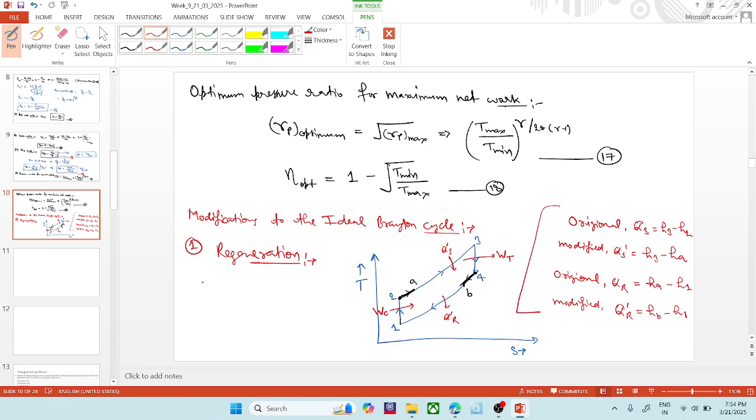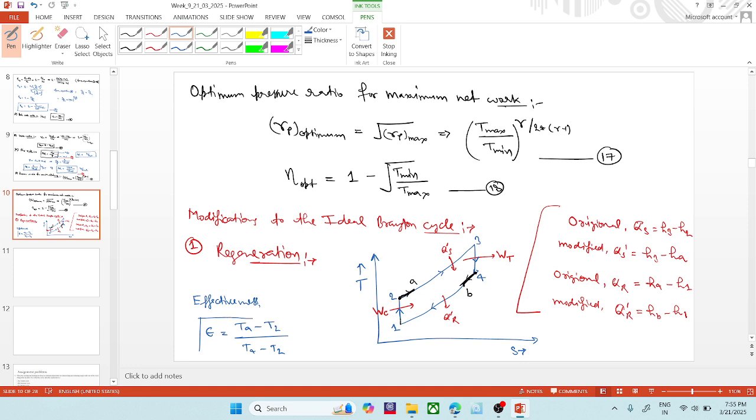And here comes a performance parameter, which is the effectiveness of the regenerator. Effectiveness is equal to TA minus T2 divided by T4 minus T2.